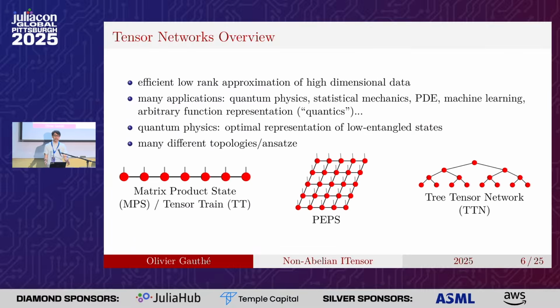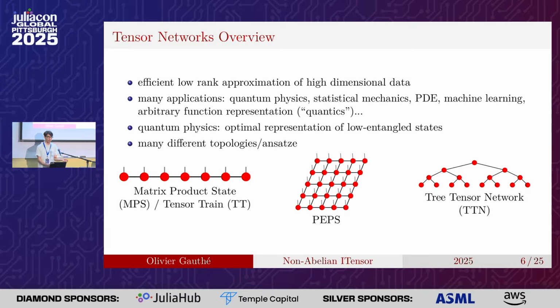As I said, it's a low-rank approximation of high-dimensional data with many applications. In quantum physics, this is extremely efficient because we know there is a link between the approximation I'm making, the accuracy of my ansatz, and which kind of quantum state I can represent.